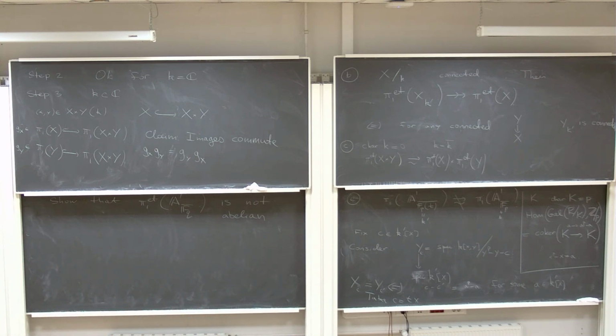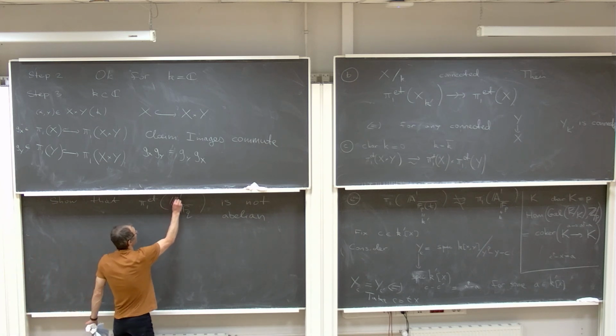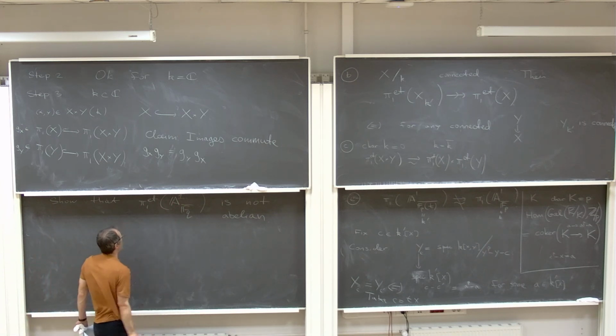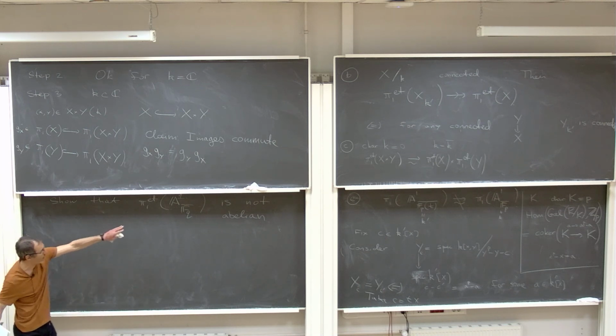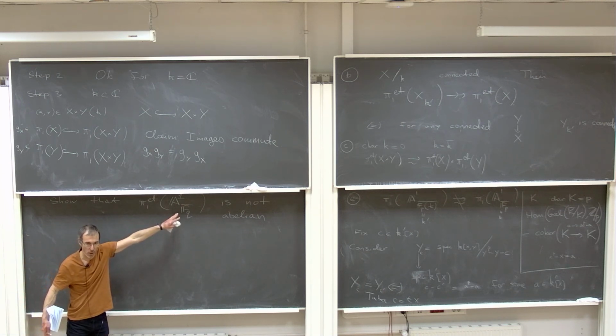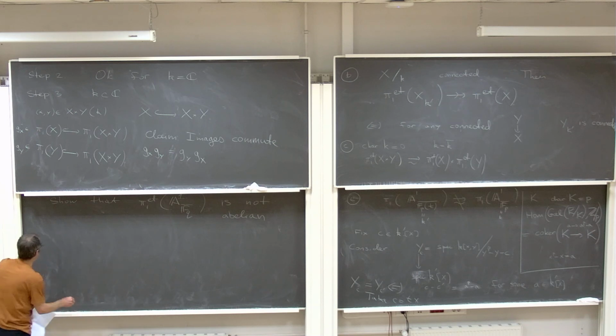Here is one construction which is due to Drinfeld, which is very important in representation theory. He produced a cover of this space with the Galois group equal to SL2 of F_q. So, Drinfeld's curve.